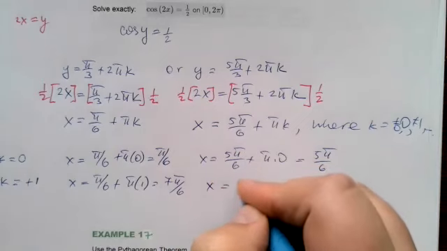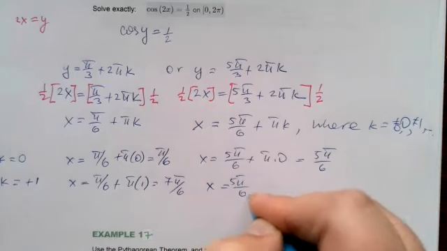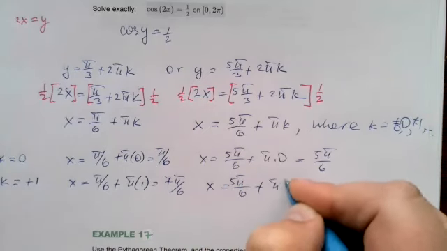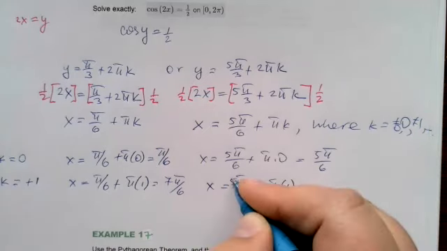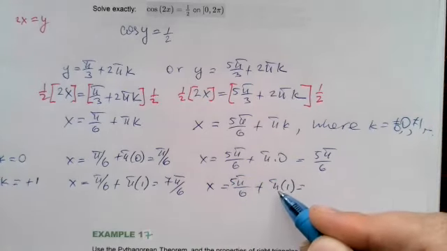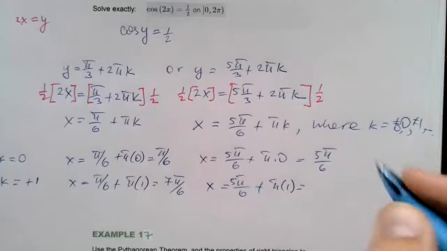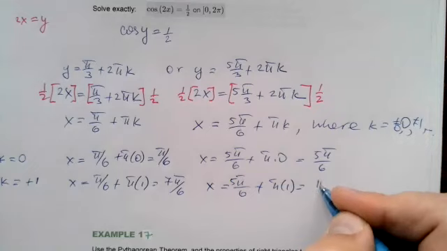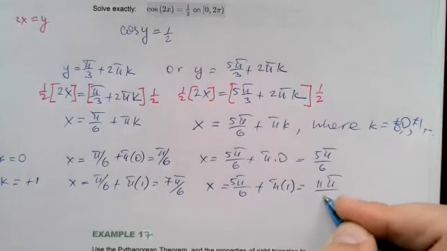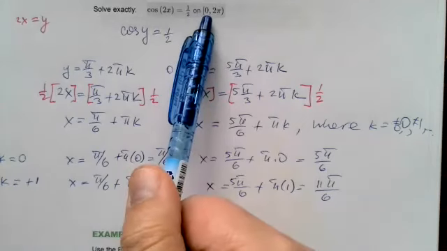What about the next one? x equals, for the second solution, 5 pi over 6 plus pi times 1. So we're going to have 6 pi over 6 plus 5 pi over 6. That's going to give us 11 pi over 6, and that's still within this interval.